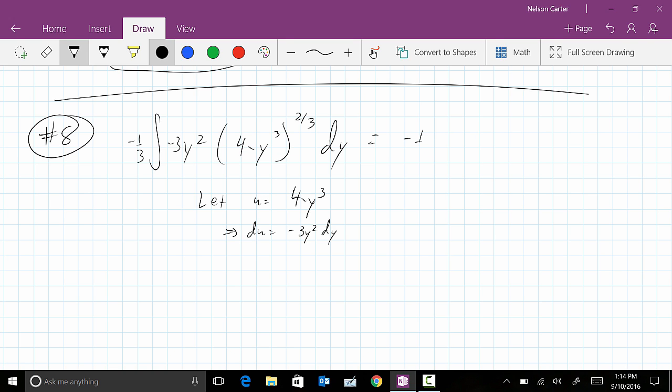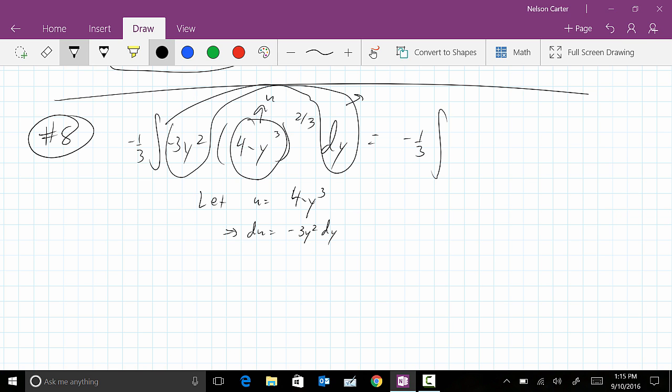So now I've got negative 1/3 times the integral of, okay, let's look at this carefully. This part is u, and this part here is du. So this is negative 1/3 times the integral of u to the power 2/3 times du.